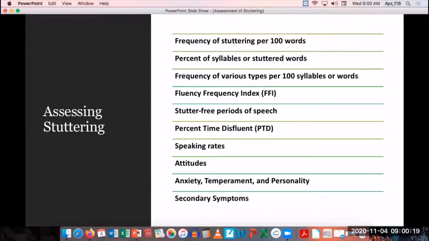Tell me why this is significant. Why is it important for us to know this when we're assessing our child?